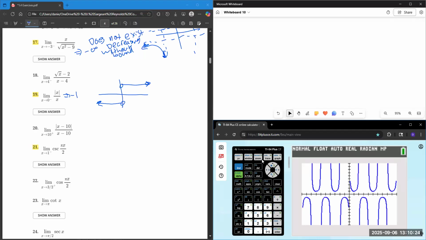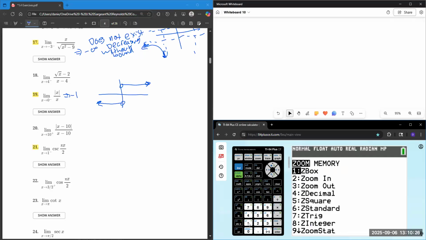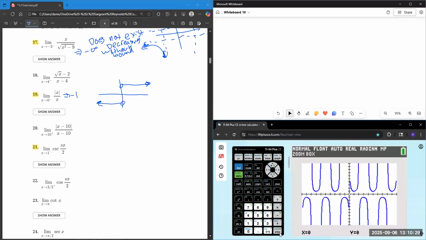And then as I approach 1, it's right there. It's in the domain, so 1, 1. So cosecant of pi over 2 is 1 over sine of pi over 2. Sine of pi over 2 is 1. 1 over 1 is 1.